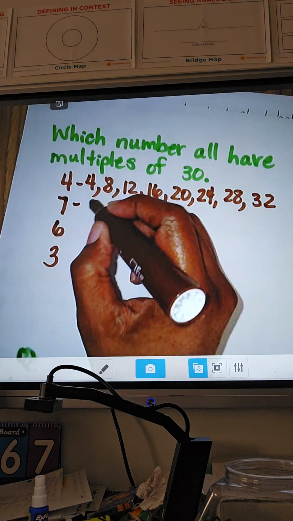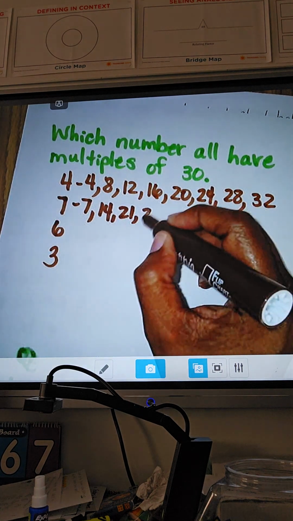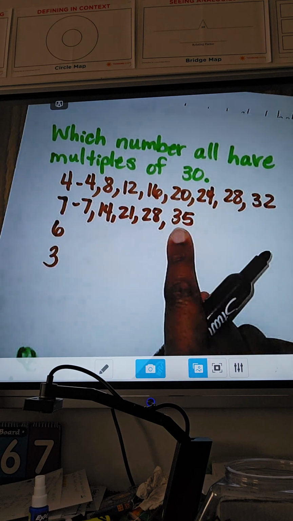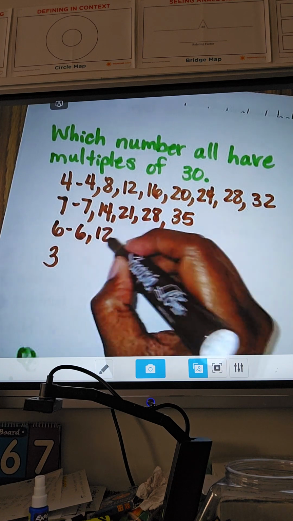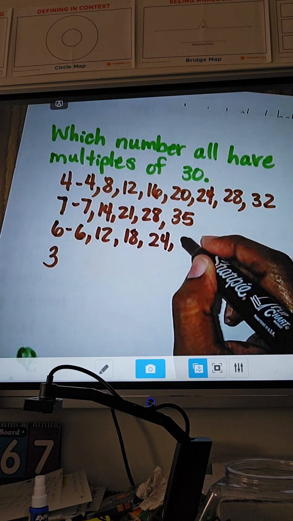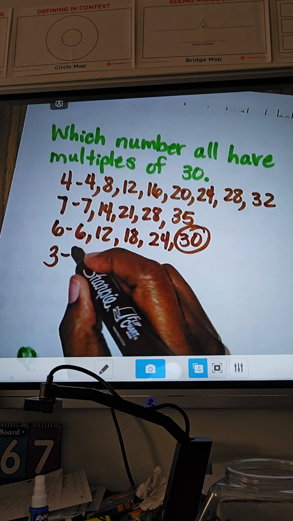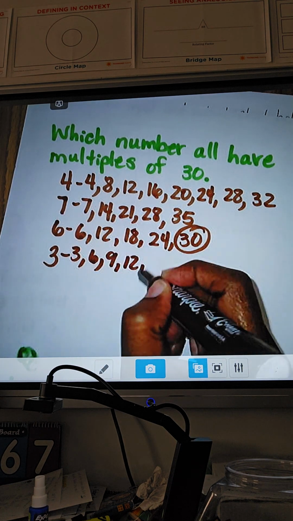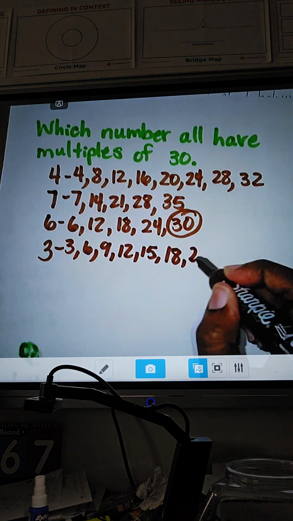All right, what are the multiples of 7? 7 times 1, 7 times 2, 7 times 3, 7 times 4, 7 times 5. All right, so I know that doesn't have a multiple of 30. What about our 6s? 6 times 1, 6 times 2, 6 times 3, 6 times 4, 6 times 5. Okay, that 6 has a multiple of 30. And what about our 3s? 3 times 1, 3 times 2, 3 times 3, 3 times 4, 3 times 5, 3 times 6, 3 times 7, 3 times 8.